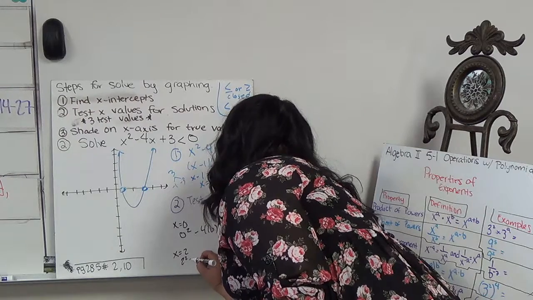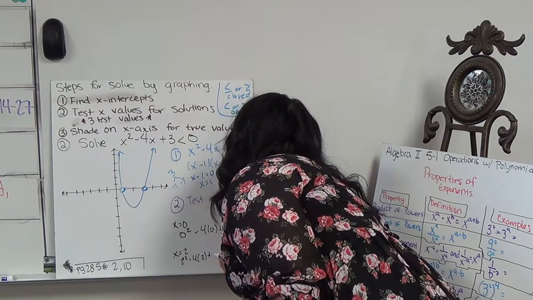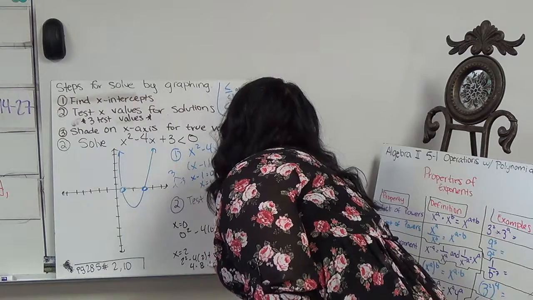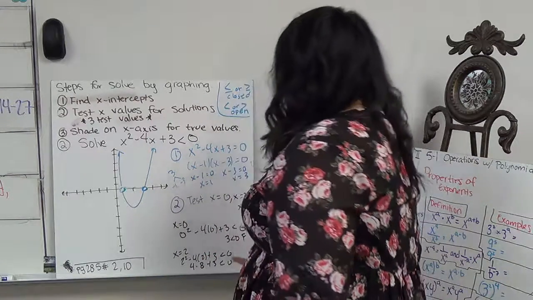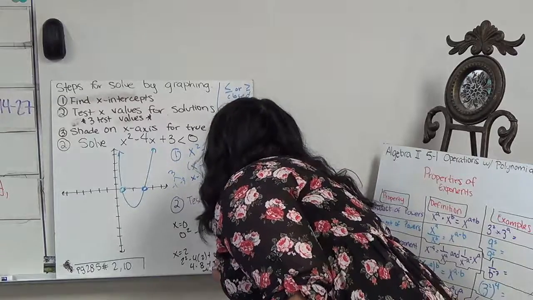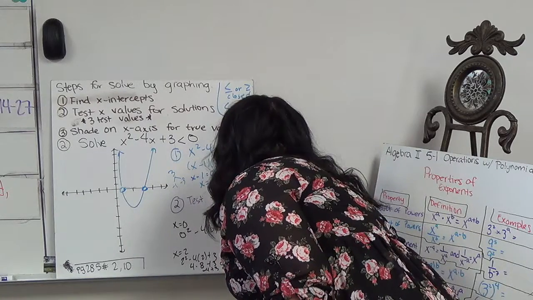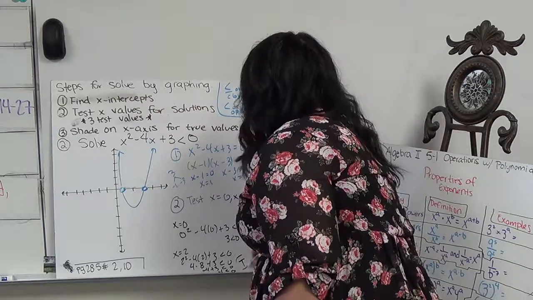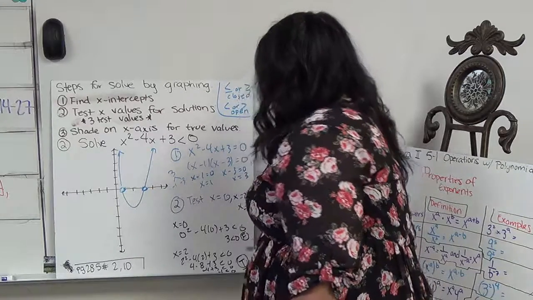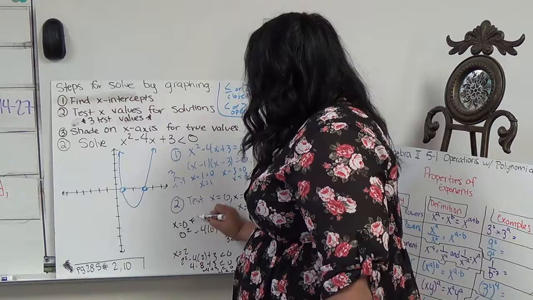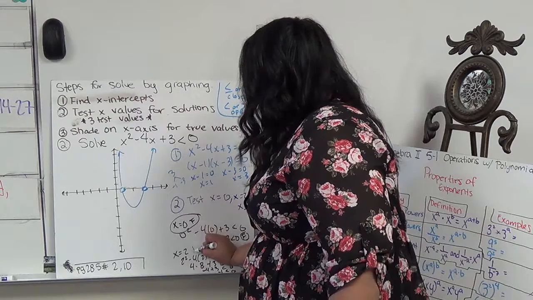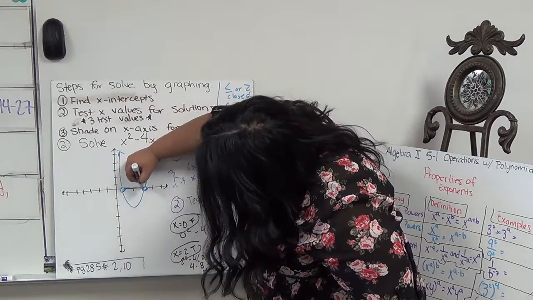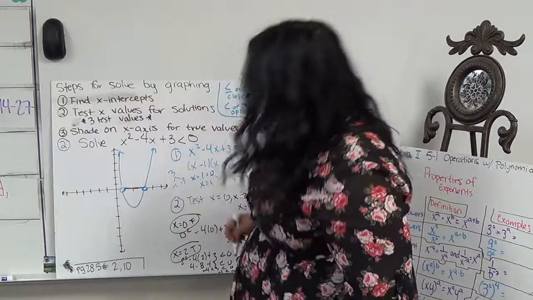So 2 squared minus 4 times 2 plus 3 is less than 0. Well, this is 4 minus 8 plus 3 is less than 0. 4 minus 8 is negative 4, plus 3 is negative 1, and negative 1 is less than 0. This is true. So that means I know that there's an answer in between, right?